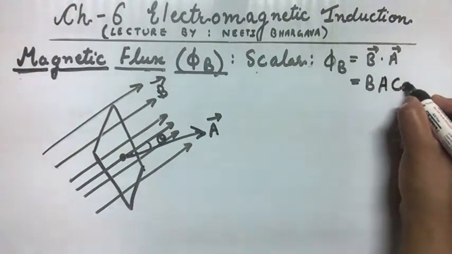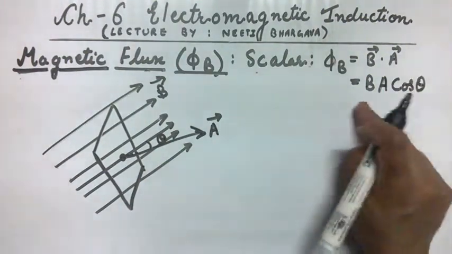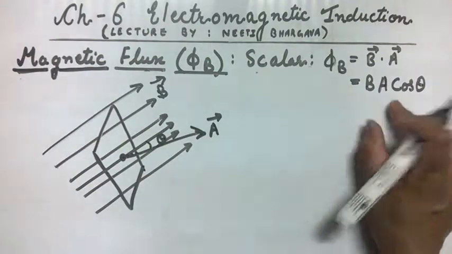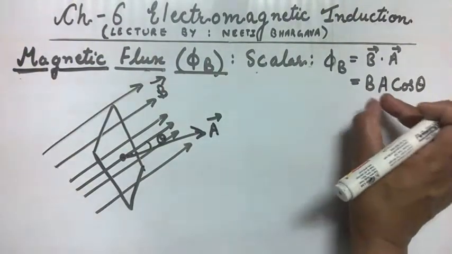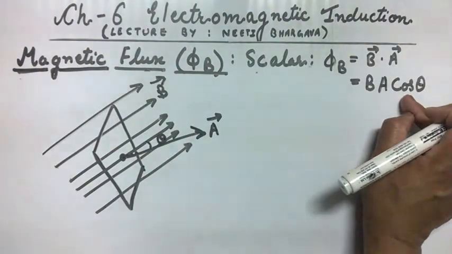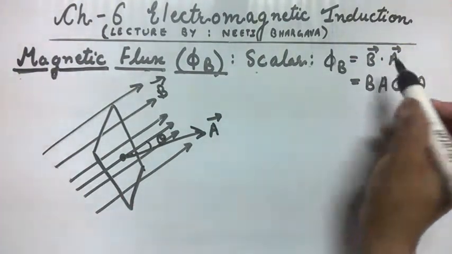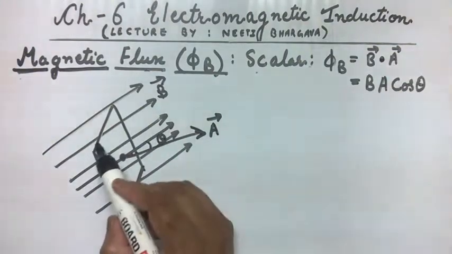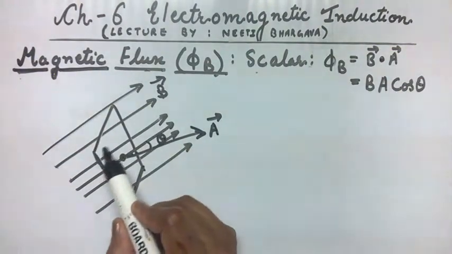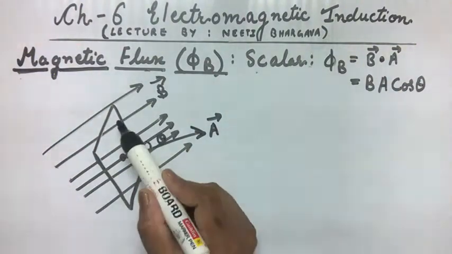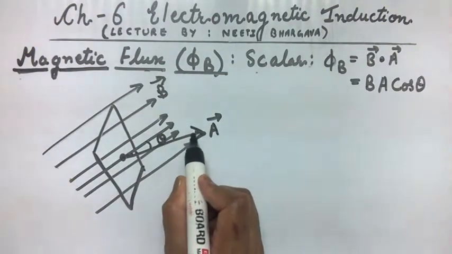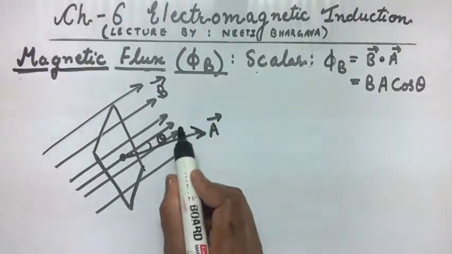Now here why we are using dot product only, not cross product, or why we are using the component of magnetic field only, not the component of area vector? The answer is we are using here dot product because we are finding the amount of magnetic field lines crossing this area in the direction of area vector.